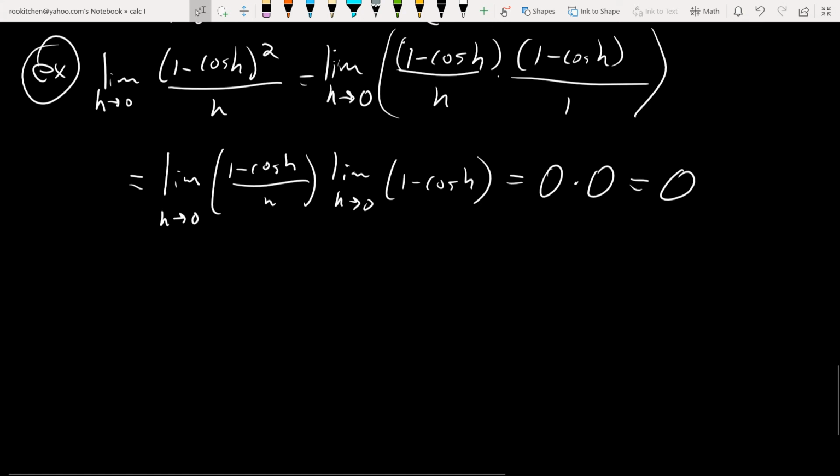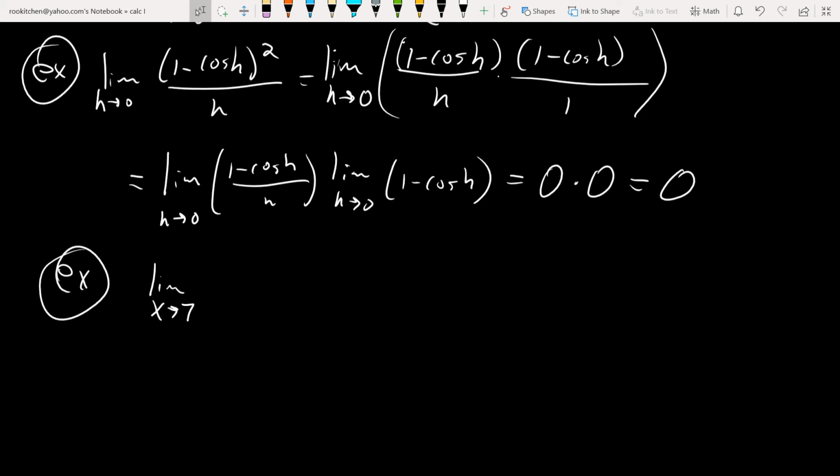Anyways, in most cases, what's going to happen is you could just do a substitution. Okay, just so you don't forget the big picture. Limit as x goes to 7 of 3x all over the square root of x plus 2. Okay, it looks very, I don't know, formidable in a way, but all it is, is just substitute 7 in for x.